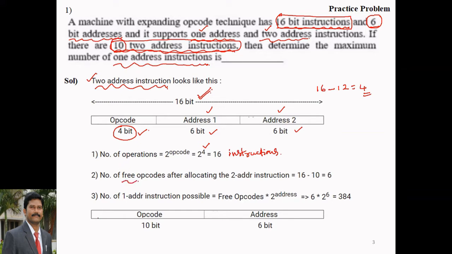Then how many free opcodes? Total 16 are possible and 10 two address instructions are already there, so 16 minus 10 gives 6 free opcodes. That means 6 instructions are free.